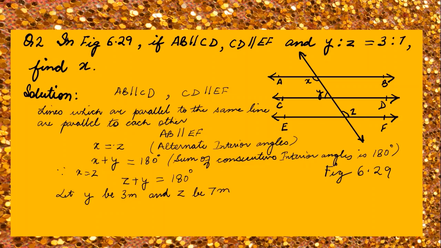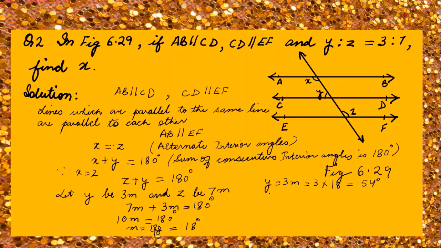Yes, then put it in this equation, that is 7m plus 3m is 180 degree, or you can say 10m is 180 degree, or m is your 180 upon 10, so it is your 18 degree. So you got m. Now you can get, what will be Y? Y is 3m. So it will be 3 multiplied by 18. So it is your 54 degree.